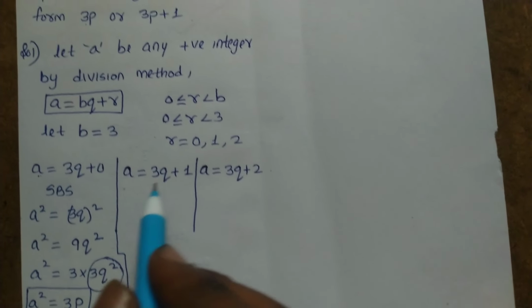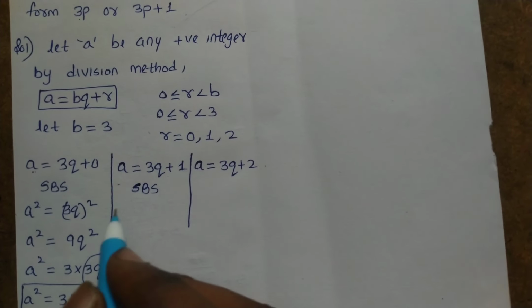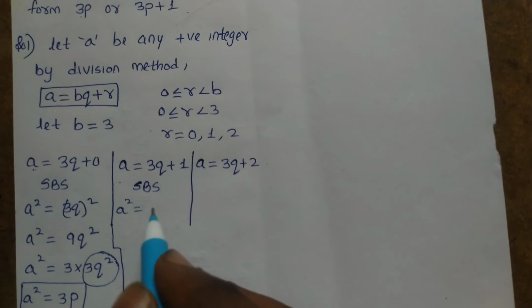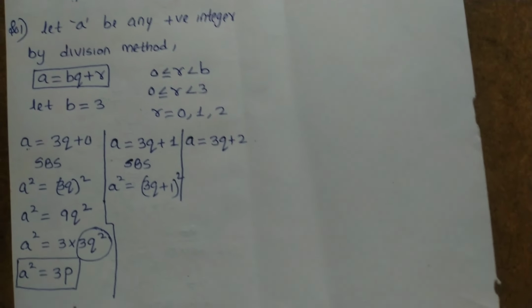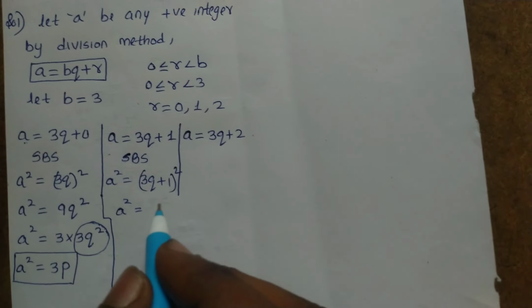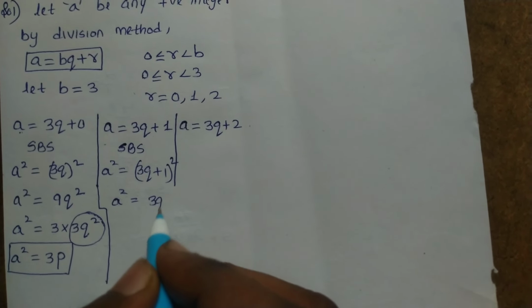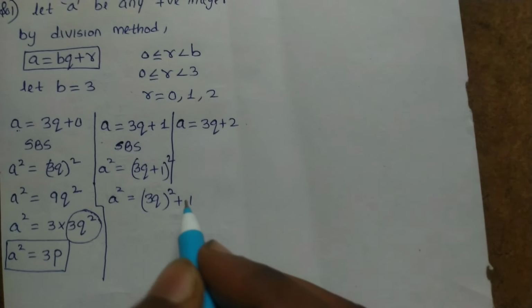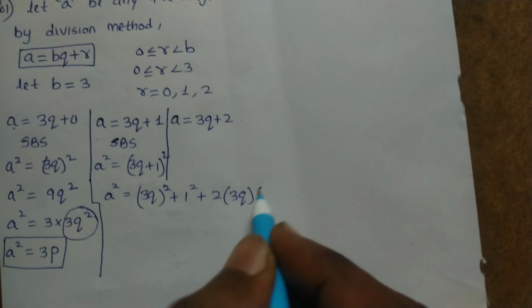Next, do squaring on both sides for the second equation. If you do squaring on both sides here, what are you going to get? a square is equal to 3q plus 1 whole square, right? So apply the formula a plus b whole square: a square, that is 3q whole square, plus b square, plus 2ab, that is 2 into 3q into 1.